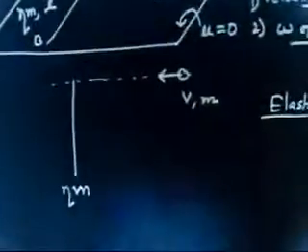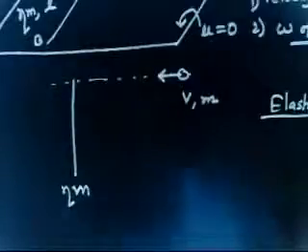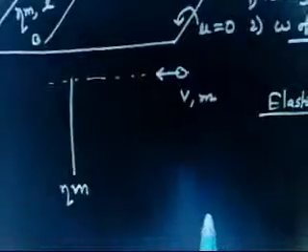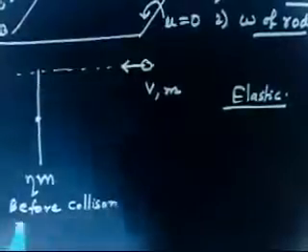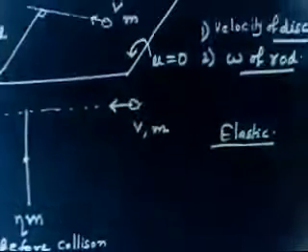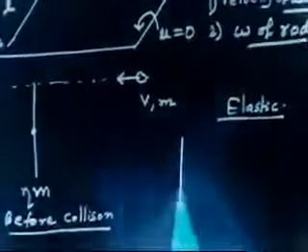Now let us say this is the initial situation. After collision, what will happen? As soon as there is a collision, let me draw another diagram for after the collision. So this is before collision. Let us draw another diagram just after collision.